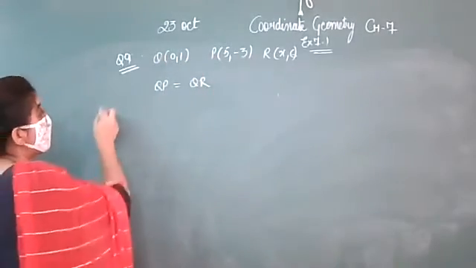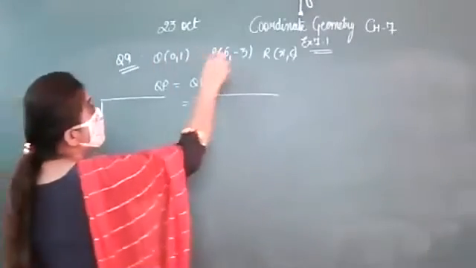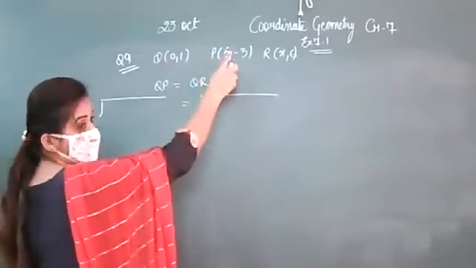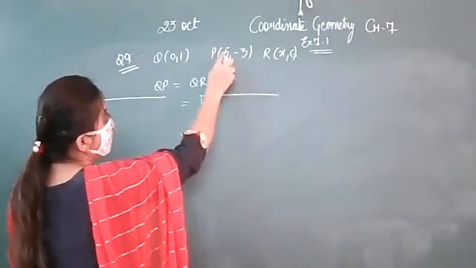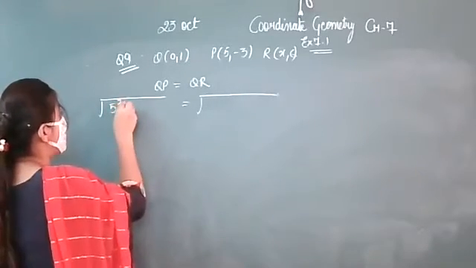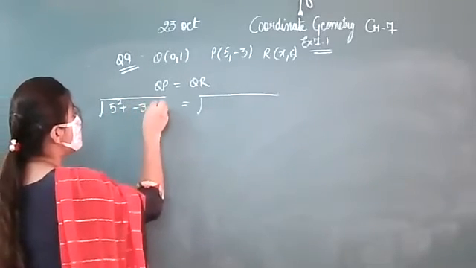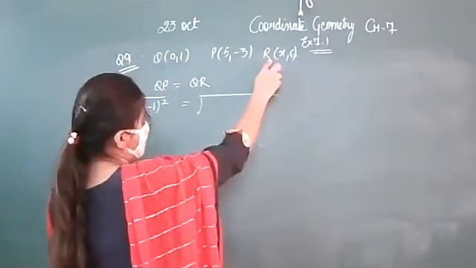Then for removing the root, you will square both the sides. This is QP, I am writing P at the last. So this is your x1, y1, this is your x2, y2. So the answer will be 5 minus 0. So I am simply writing 5 square plus (3 minus 1) whole square is equal to QR.